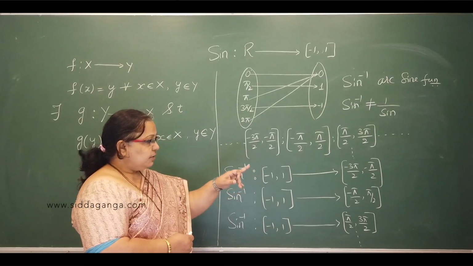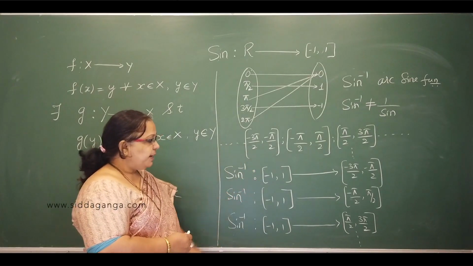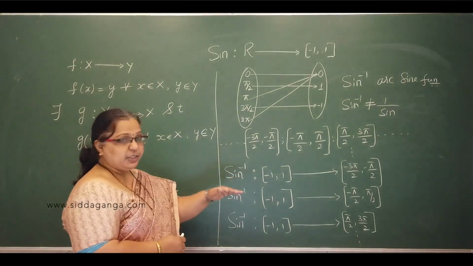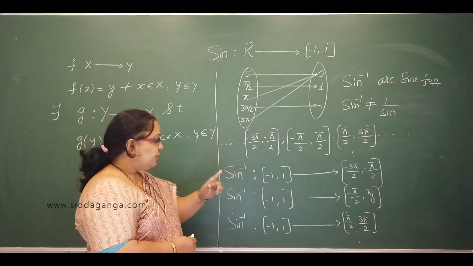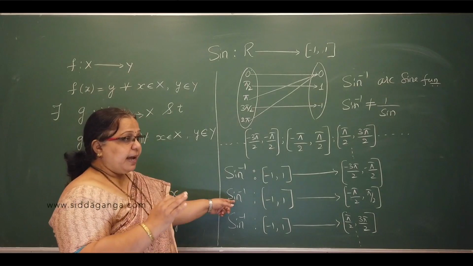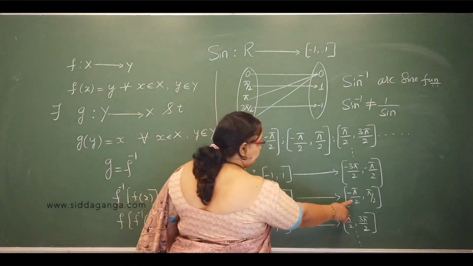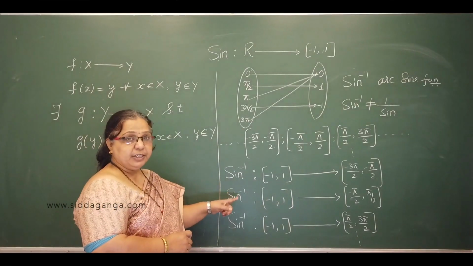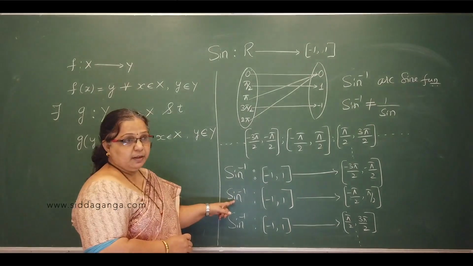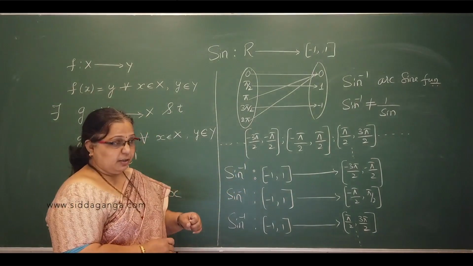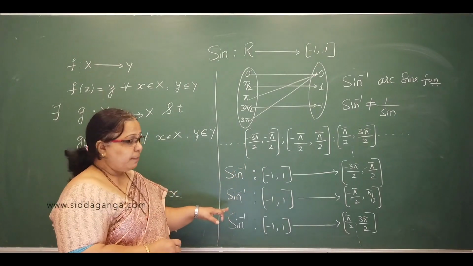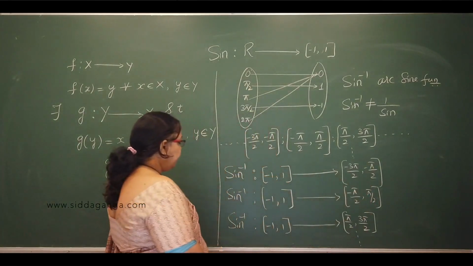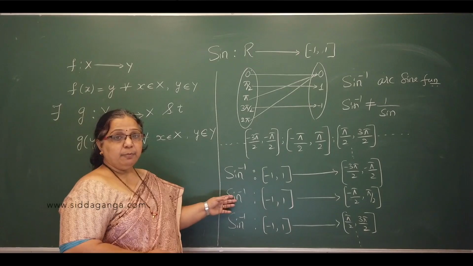Other ranges are called branches of the sine inverse function. But if we consider the range as the closed interval minus pi by 2 comma plus pi by 2, then it is called the principal value branch range.